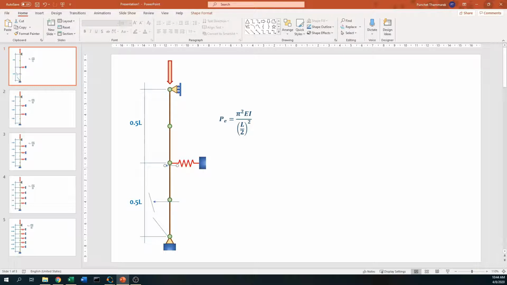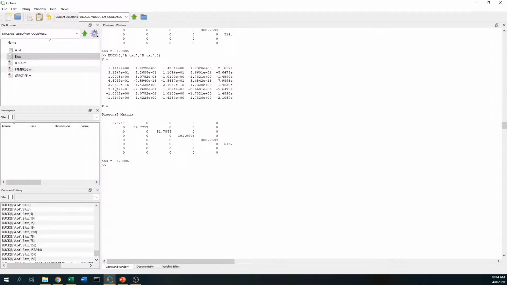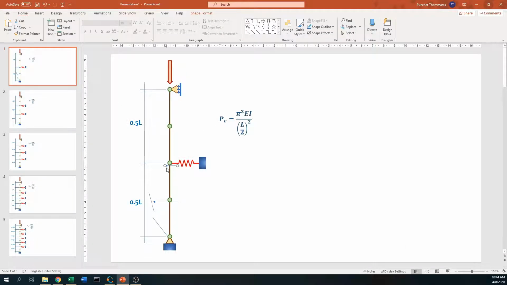Sorry, not well. 4. Okay, this is 3. This is 4. Okay, this is more. Sorry. Okay, more displacement, and this is the rotation. And the rotation, you can see that it is close to 0. So more movement, and then the rotation turns out to be about 0. So it is like this.